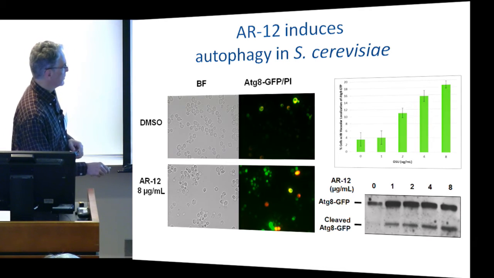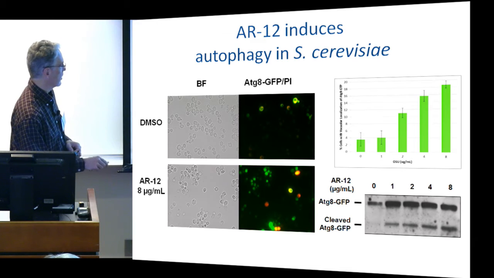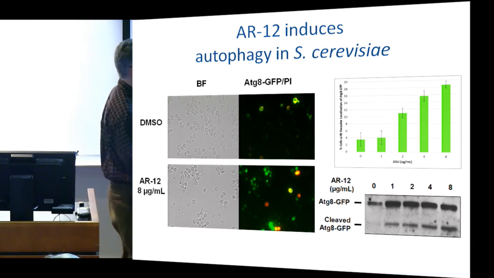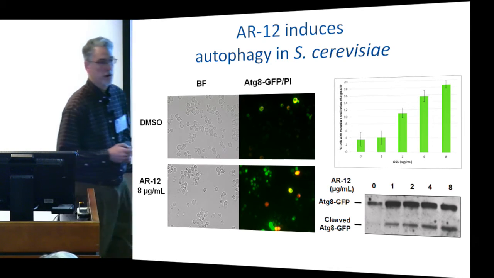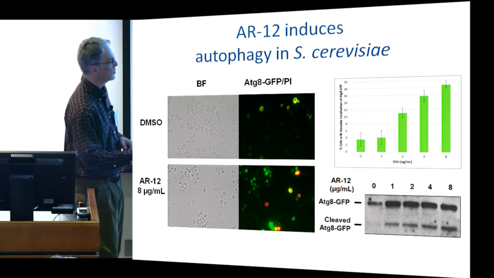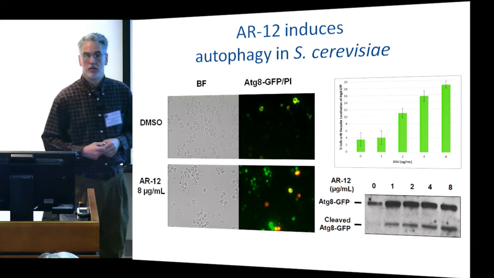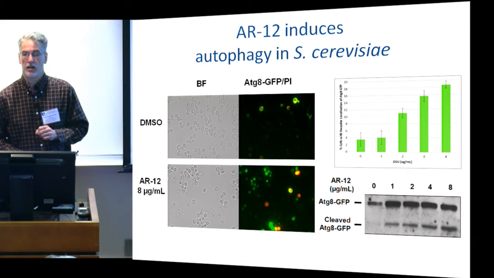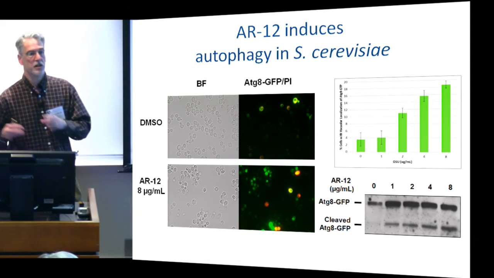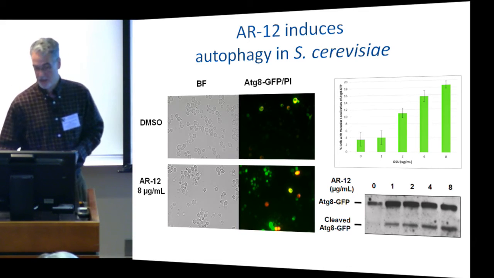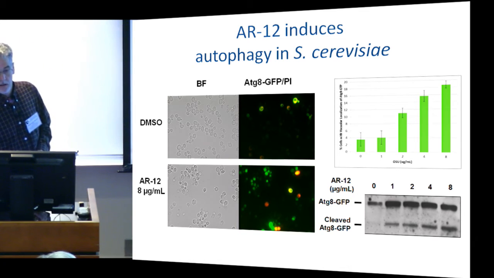So this increase in staining that we're seeing at sub-inhibitory concentrations of AR12 indicates that autophagy is going on. We have a nice dose response here where we quantitated the number of cells staining positive for ATG8. And then to further confirm that, we see processing of ATG8 in the cells that are treated with AR12. So we're inducing autophagy. It's another cellular phenotype that matches our chemotype.